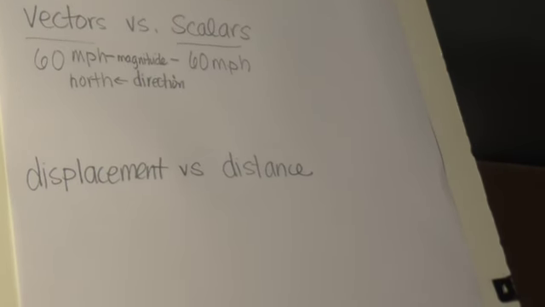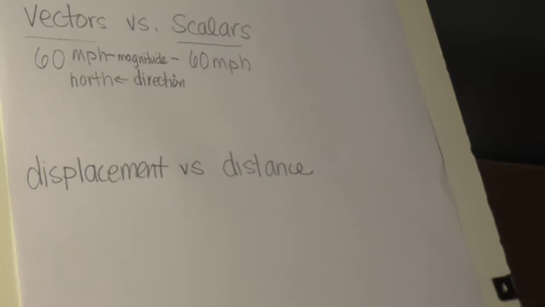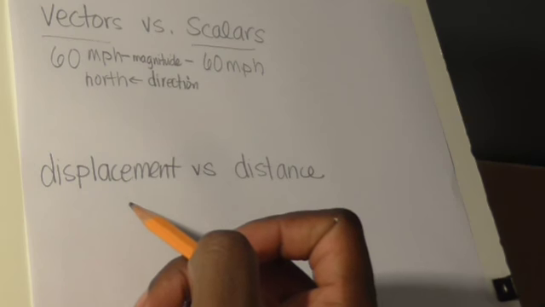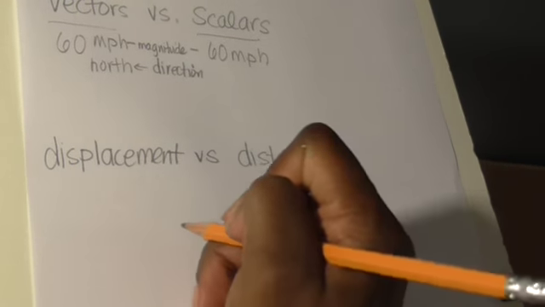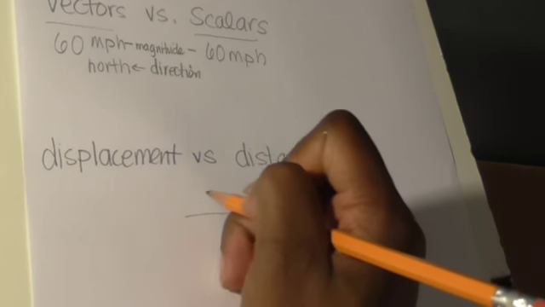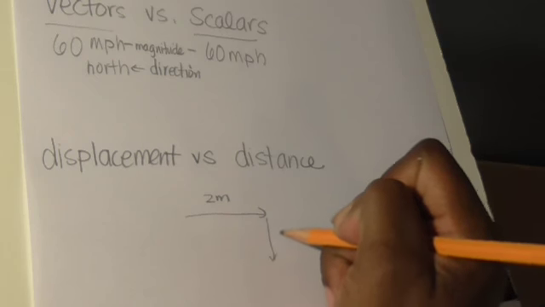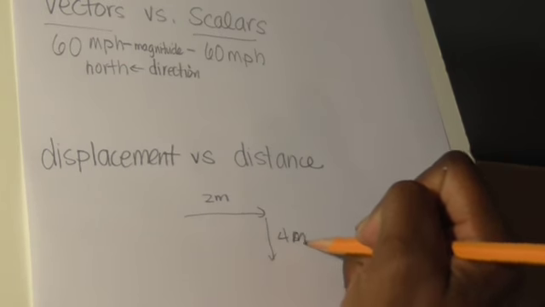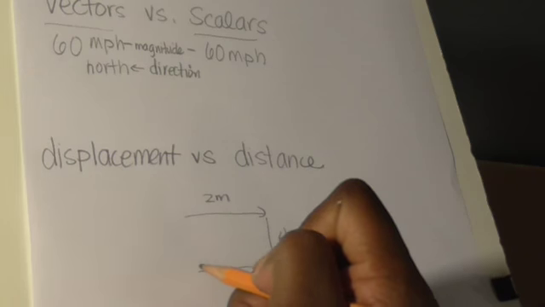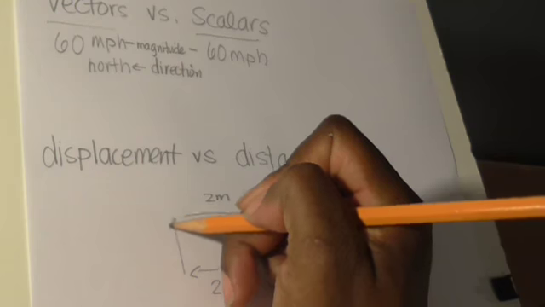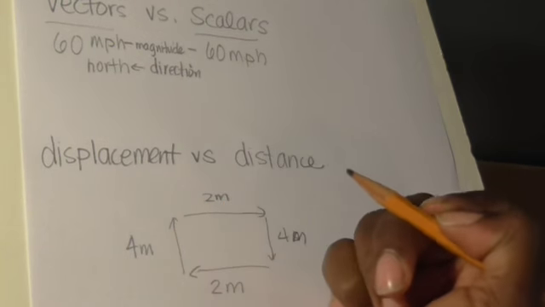Displacement versus distance. Distance is the total amount of change of location that something has. That's distance. Displacement is how you compare to where you started. So let's say I decide to walk 2 miles this way, so to the east, 4 miles south, 2 miles to the west, and 4 miles north.